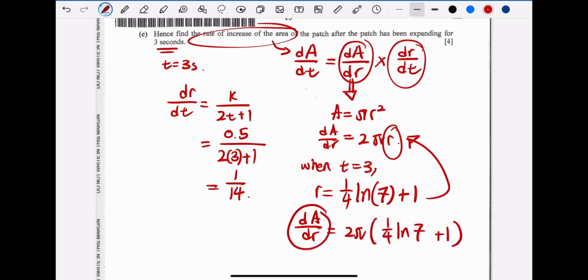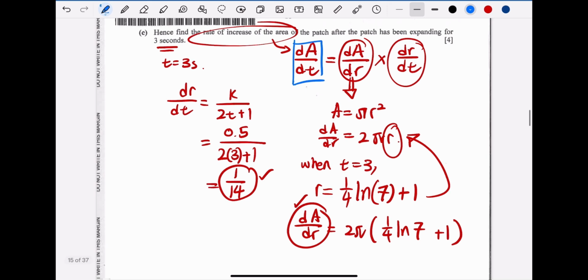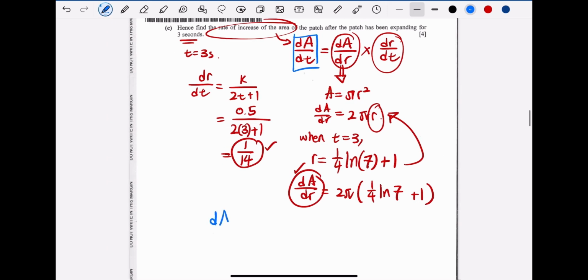Now I have my dA/dr, I have my dr/dt, I'm ready to sub both of it into my dA/dt. So for my increase of area with respect to time, it is thus my dA/dr, which is 2 pi times (1/4 ln 7 plus 1) multiplied by 1 over 14.